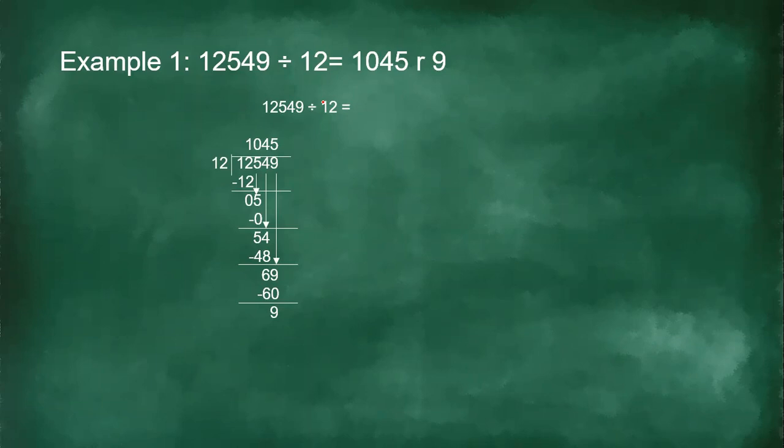12,549 divided by 12. This is a double digit, right? And I would not divide a double digit by 1 digit. Remember that this is a digit by digit process, and we follow the whole system of divide, multiply, subtract, bring down.